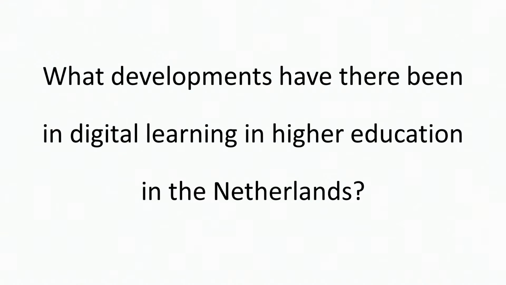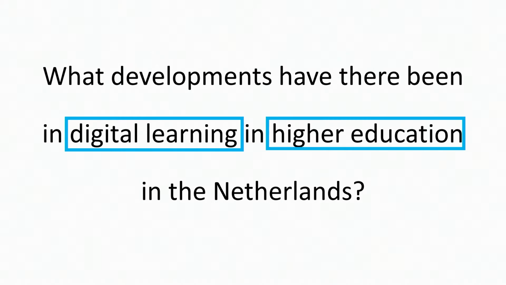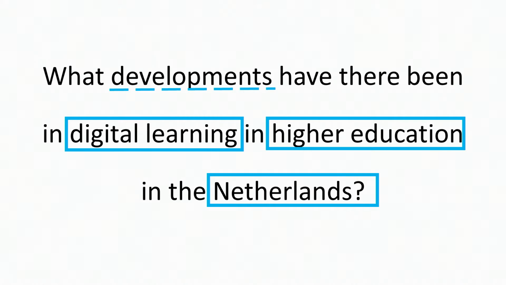The most important elements of the question here are digital learning, higher education, and the Netherlands. All of these elements must occur as words in the document or web page found. It's not always very useful to use a word like development, because many results will be about certain developments, but the word itself will not appear very often.